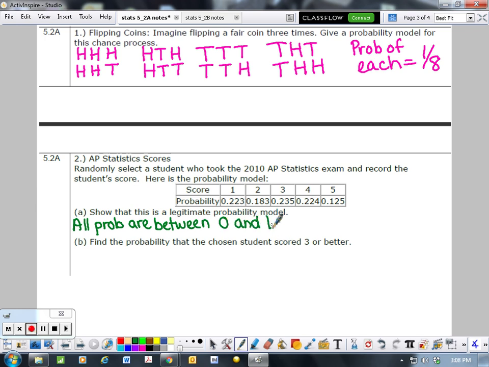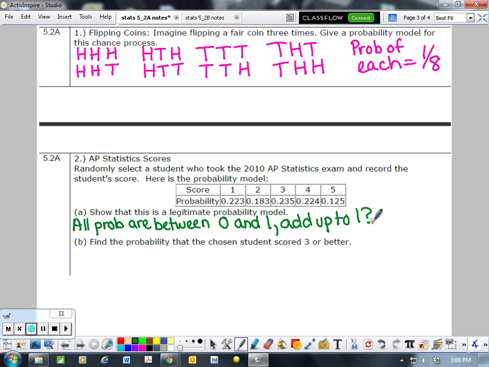Now the second thing is we have to check to see if they all add up to be 1. That's our other big concern.